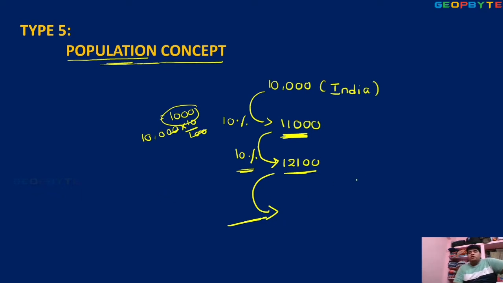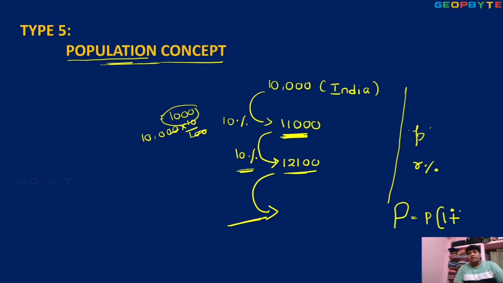Observe. Suppose the present population is small p, which increases by r percentage every year. Then the population after 2 years, after 3 years, after 4 years: population capital P is equal to small p into 1 plus r by 100 whole power n.